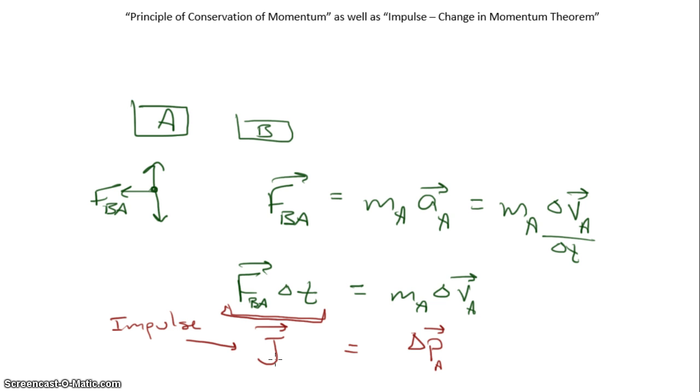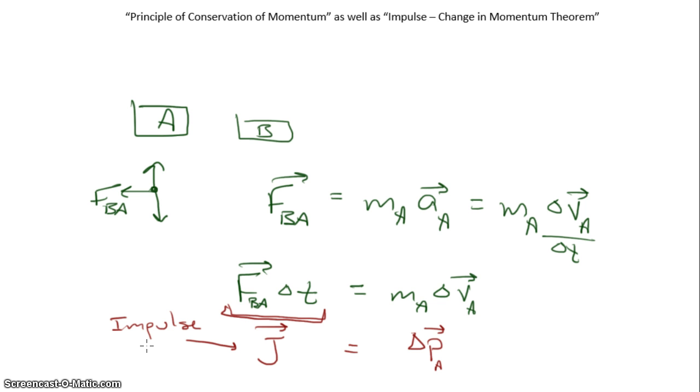Impulse, for some reason, is a J. I'd like to say impulse because it sounds more fun. But it's impulse. Impulse equals the change in momentum. So if we have an external force exerted on an object for some amount of time, that force delivers an impulse to the object, which changes the object's momentum.